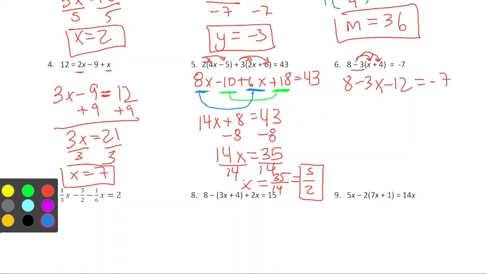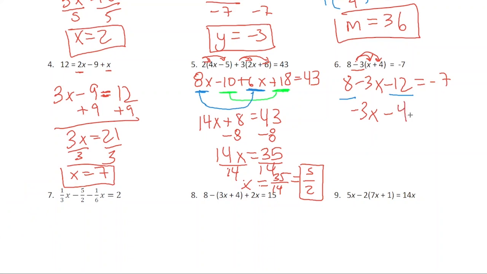I'm going to combine my like terms, which in this case is 8 and negative 12. And so I've got negative 3x minus 4 equals negative 7. Add 4 to both sides, and I get negative 3x equals, oh, look at that, negative 3. This one's going to work out nice. So we divide both sides by negative 3, and I get x equals 1.